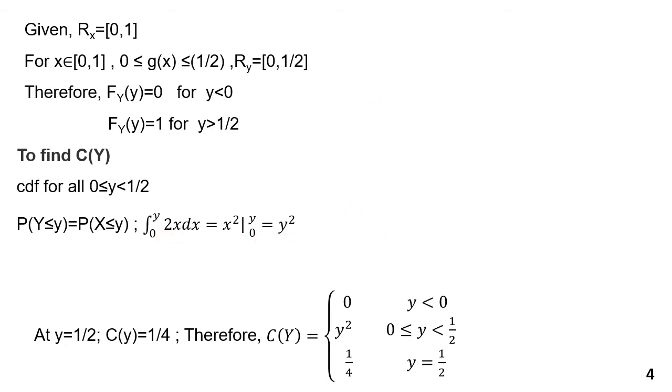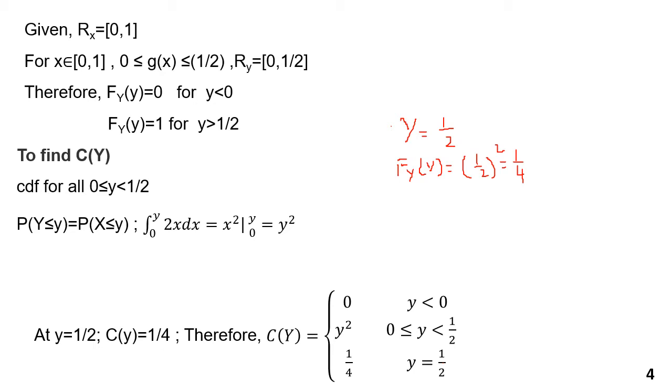Now at y equal to half, F_Y of y is equal to half square, that gives us 1 by 4. Therefore, we can define c of y as 0 for y less than 0, y square between 0 to half, and 1 by 4 beyond half.